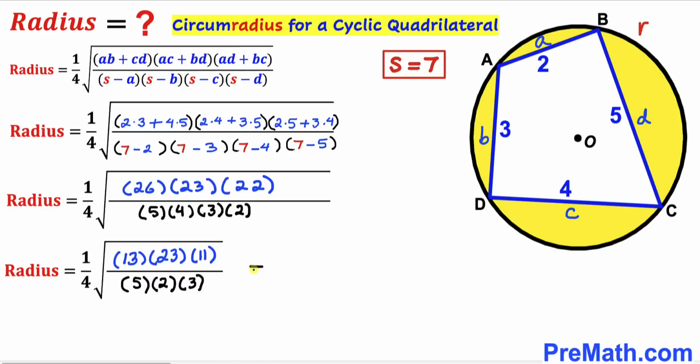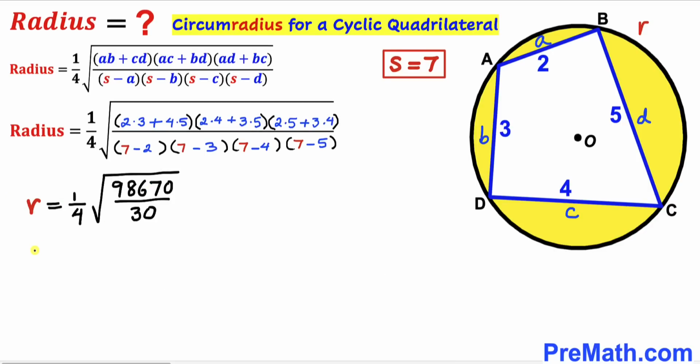Therefore, our radius r is going to be equal to 1 divided by 4 times the square root of, in the numerator, 3,289 divided by 30.